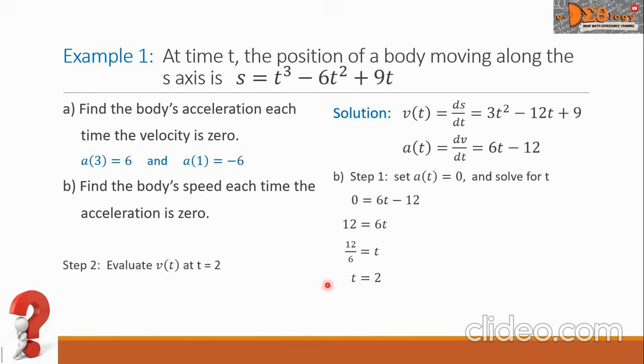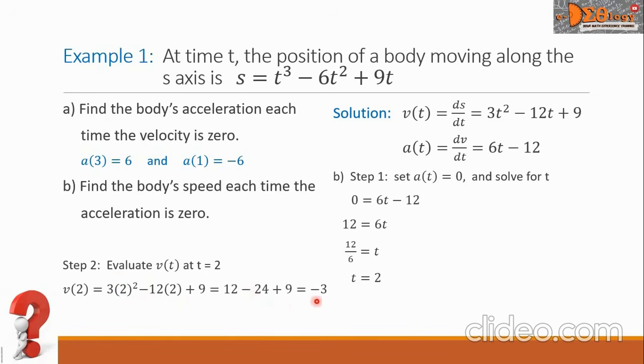Now for step 2, let us evaluate the velocity function at t equals 2. This value 2 is what we derived from step 1. So we have now v of 2 is equal to 3 times 2 squared minus 12 times 2 plus 9. Simplifying this, we have now 12 minus 24 plus 9.